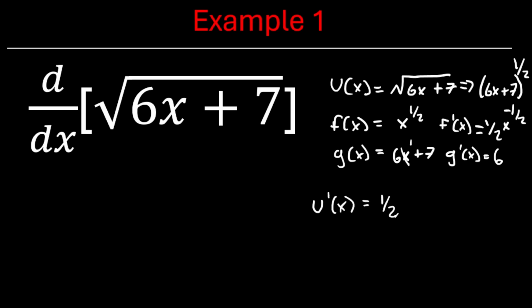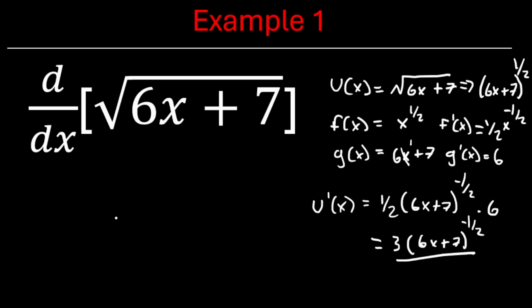So 1/2. Plug in g of x for x in f prime: 6x plus 7, all to the minus 1/2. This is all times g prime of x, which is 6, yielding us a result of 3 times 6x plus 7 to the minus 1/2. Now, another way you can represent this is 3 over the square root of 6x plus 7. Either one is correct.